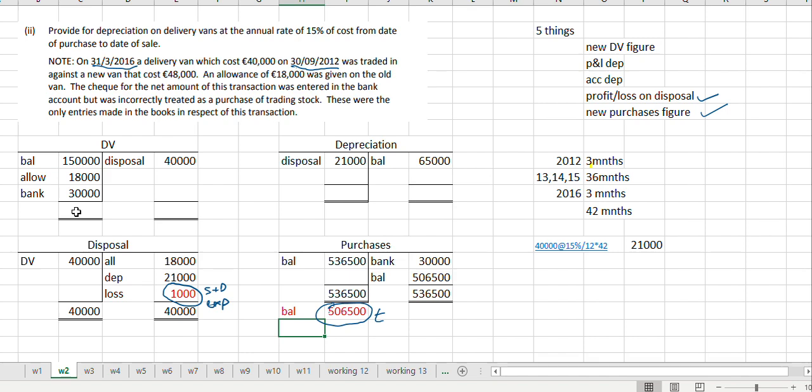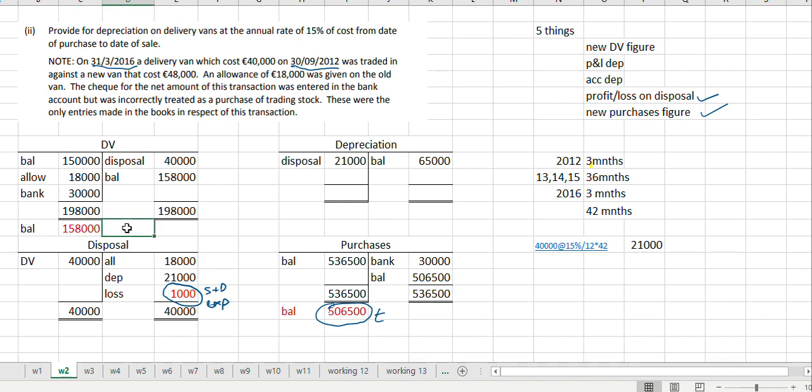So delivery vans, if we balance this off, add up both sides, we get 198 is the big side. So 198. The balance therefore is 158. So the balance of 158,000.